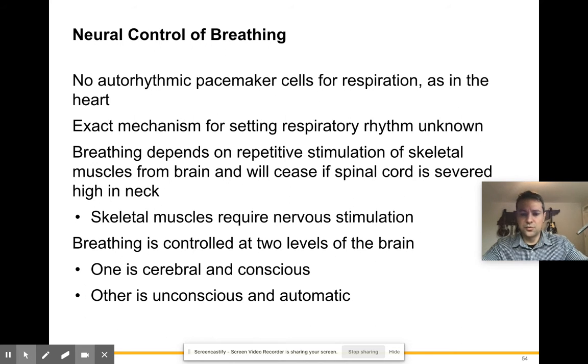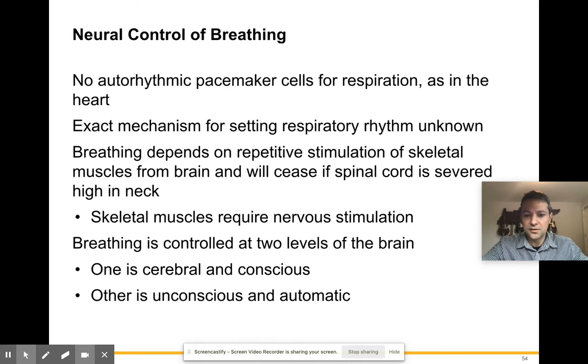It makes sure that the top portion of the heart relaxes and contracts at the proper times in a steady rhythm, right? We don't have that in our respiratory system. We don't know where that respiratory rhythm comes from. We do have a rhythm of breathing. Our breathing patterns are very rhythmic, but we are unsure about where that rhythm originates neurologically, right?